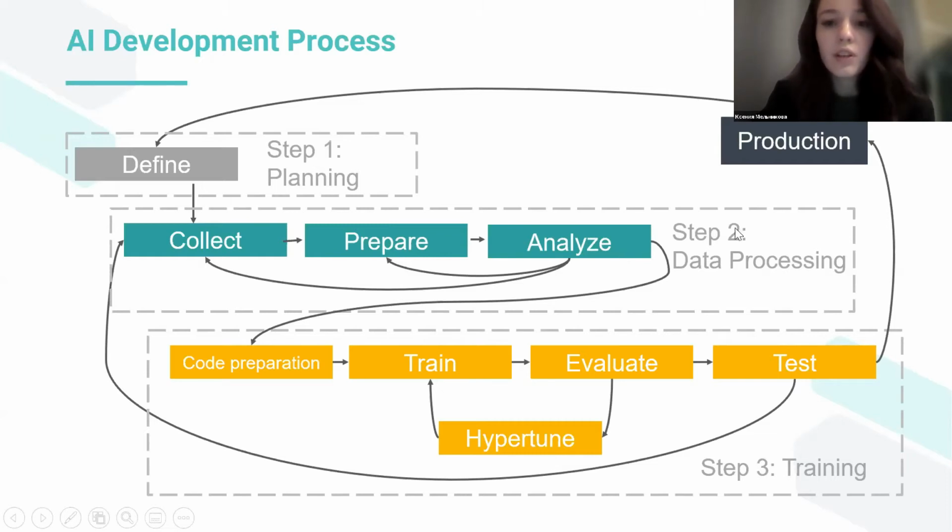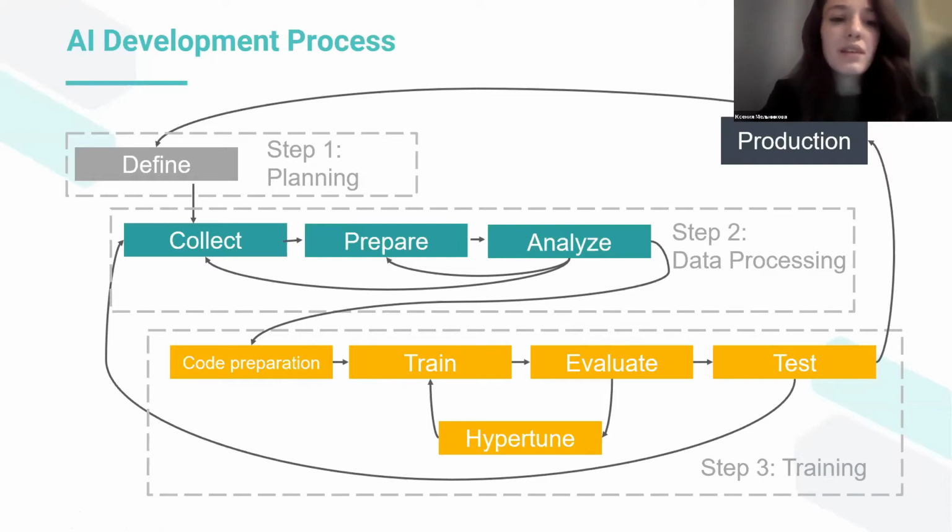Then when we are finished with the data preparation, we go to step 3, training. You can see that this one is the biggest one on the picture, but actually data processing takes 80% of the time of development, and only 20% goes to the training step. So anyway, when we're finished with data, we decide which model we are going to use.